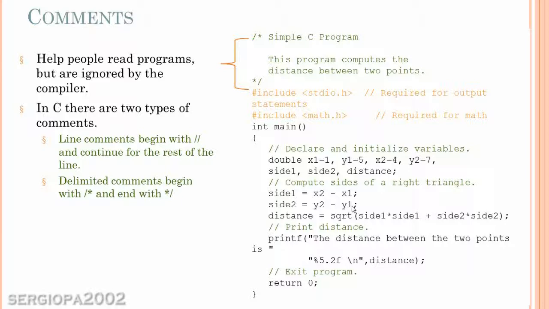So when the computer meets this piece of code, it will start with the first line on the top and the first character on the left. So it will identify that there is a / and then an asterisk, and it will know that whatever comes after that has to be ignored because it's a comment. Now the computer knows the comment is finished when it encounters the combination of an asterisk and another /.